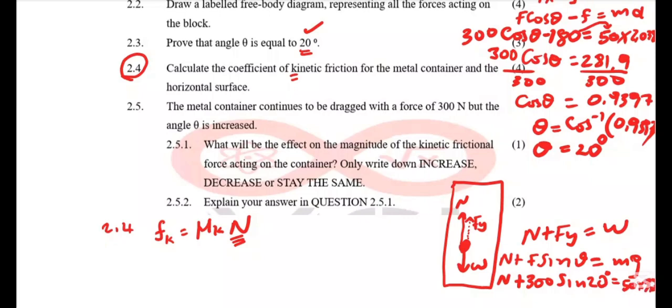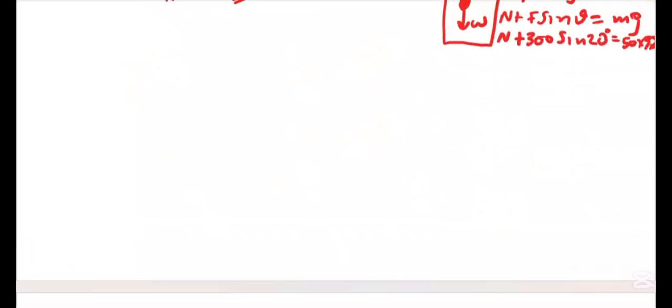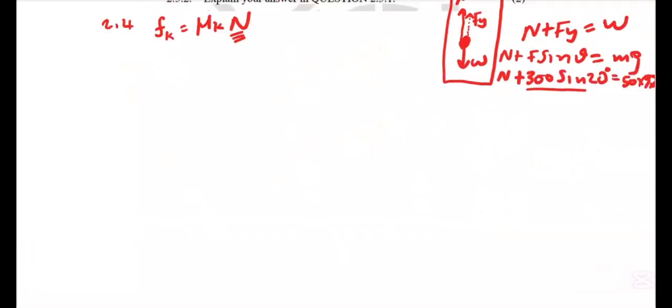Okay, then we get the normal force. I will take this and bring it over here, then press the calculator, then we get the normal.